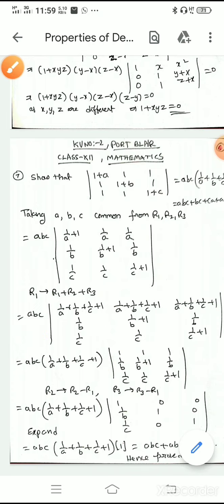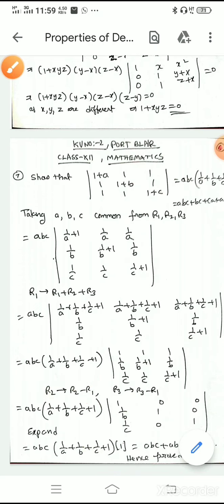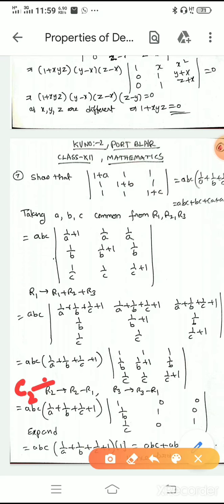Then as you see that one row contains completely ones, apply the operation, with some modification. This is wrong. You will have to apply C2 is C2 minus C1 and C3 is C3 minus C1.